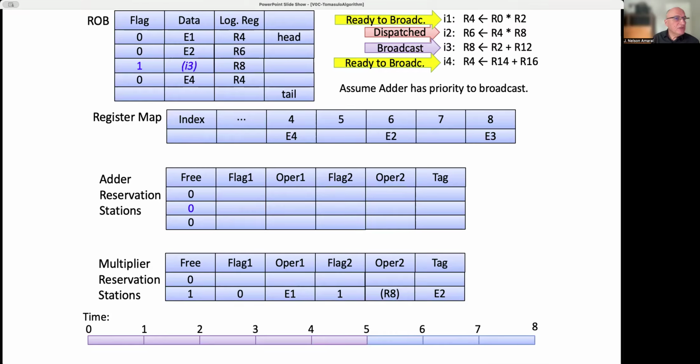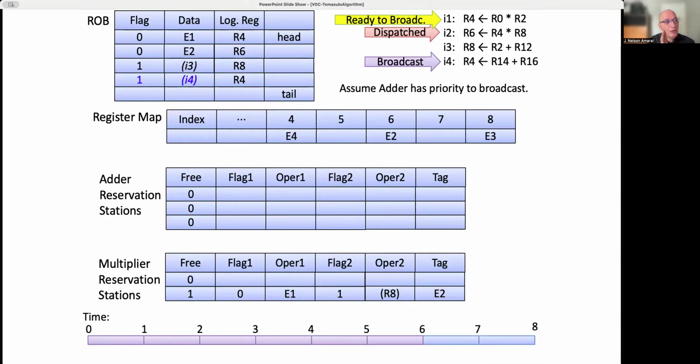So now, if I assume that the adder has priority to broadcast, I will broadcast the value of R4 for I4. Sorry, I just misspoke a minute ago. I said that I could not broadcast I4 before I1. Actually, I can, because when I broadcast I4, I'm broadcasting the entry 4 of the reorder buffer.